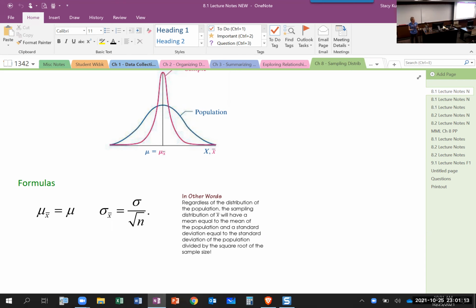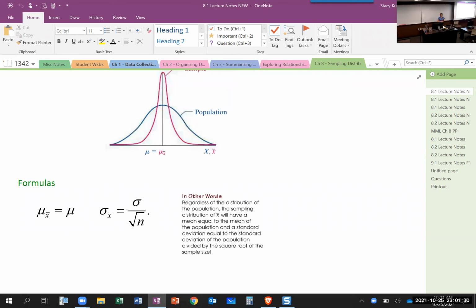So our sample size was playing a role in how spread out our data was, right? Because it was changing. The mean, the center didn't change no matter what, but that standard deviation was changing, and so we have a formula now to be able to calculate that, okay?